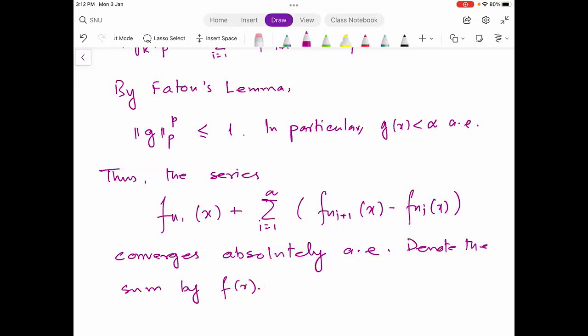So f is a function defined almost everywhere. Maybe denote the sum by f(x) wherever it converges. Put f(x) equal to 0 wherever it doesn't converge, on the complement.